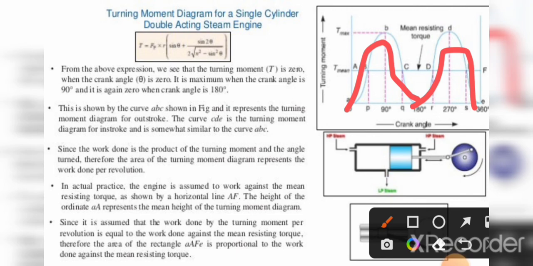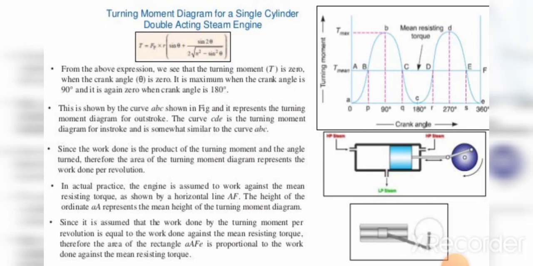Since work done is the product of turning moment and angle turned, the area of these turning moment diagrams represents the work done per revolution.